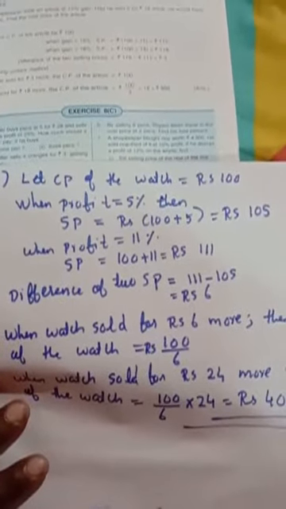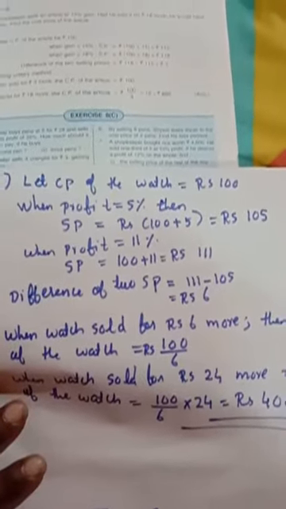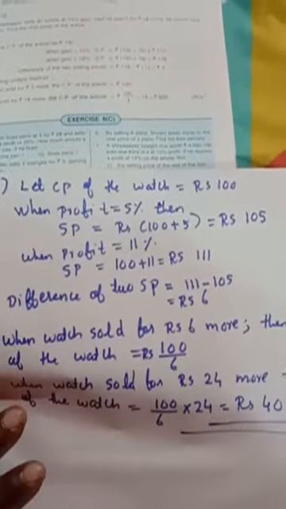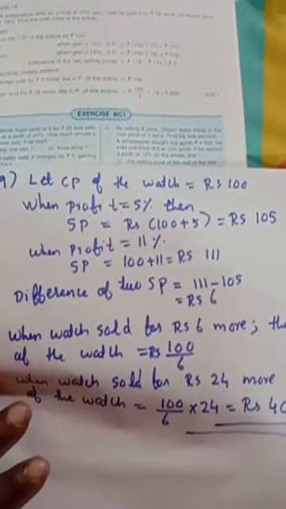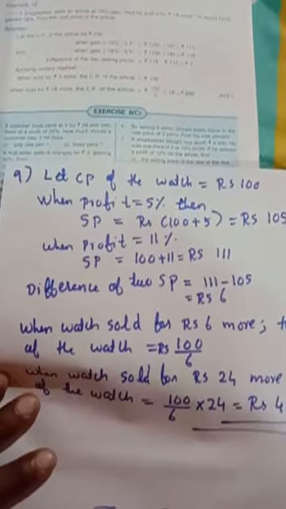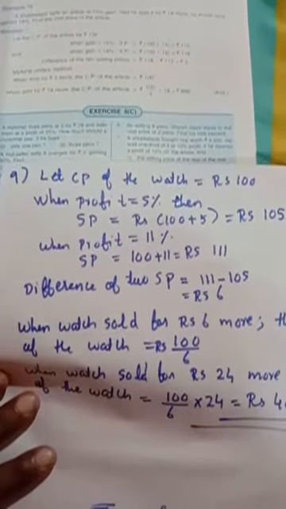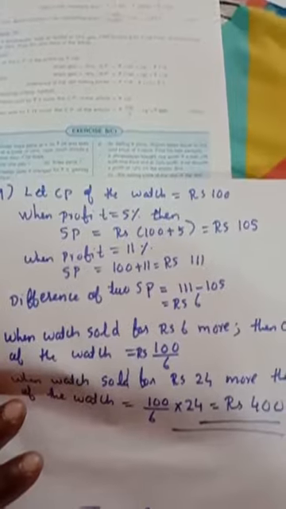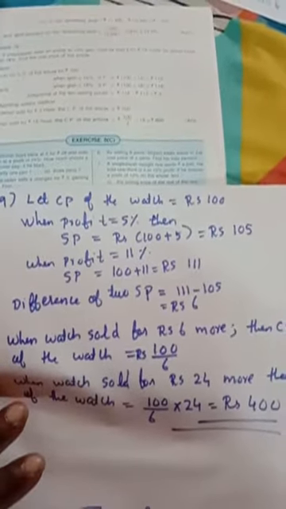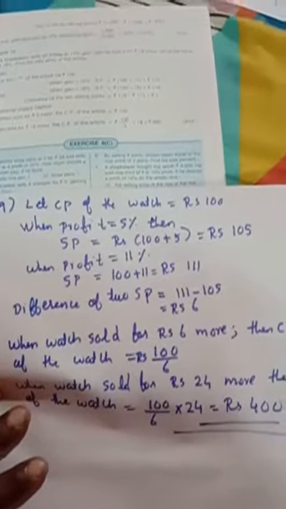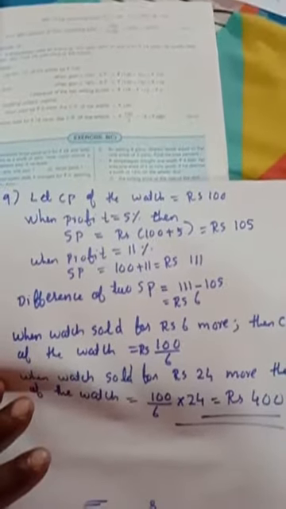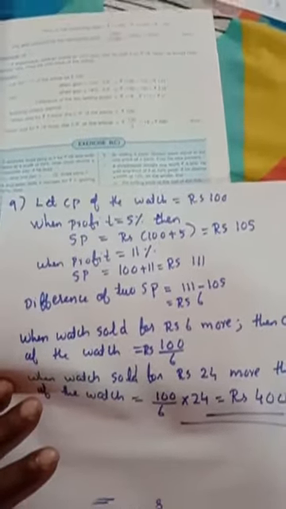When the profit is 5%, he is selling the watch at 5% profit. So what is the SP? 100 plus 5. How? What is 5% of 100? 5 by 100 into 100 is rupees 5.